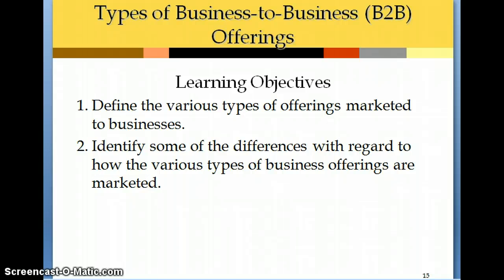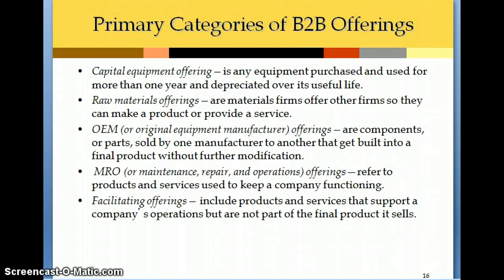Next, we are going to examine different types of business-to-business offerings. Business-to-business offerings are categorized based on how they're used by the purchaser. We have several types. Number one, capital equipment offerings.